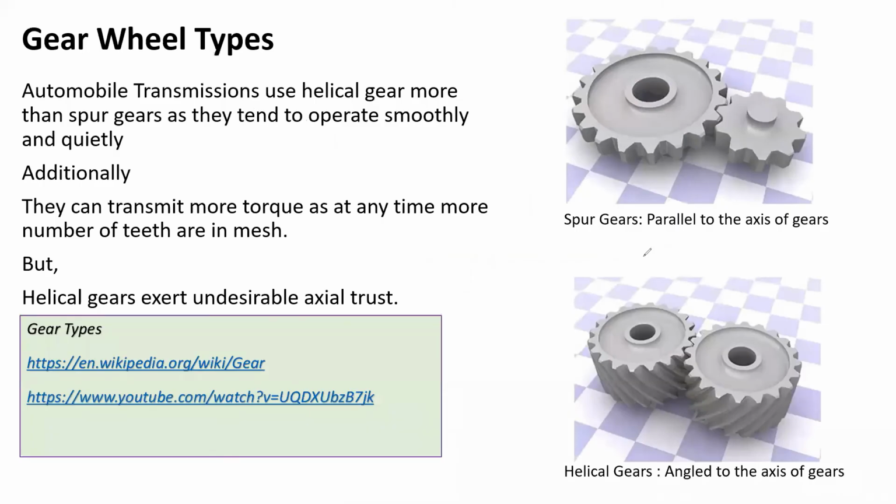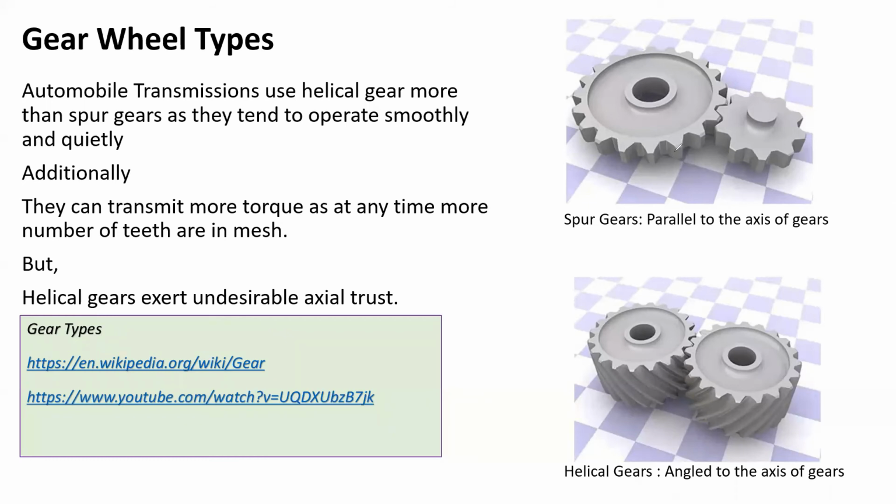For any gearbox, there are two types of gear wheels we can very easily use, depending on how the gears are cut. Transmissions or gearboxes mostly use two types of gears in automobile applications. One is known as spur gears, the other is known as helical gears, right?